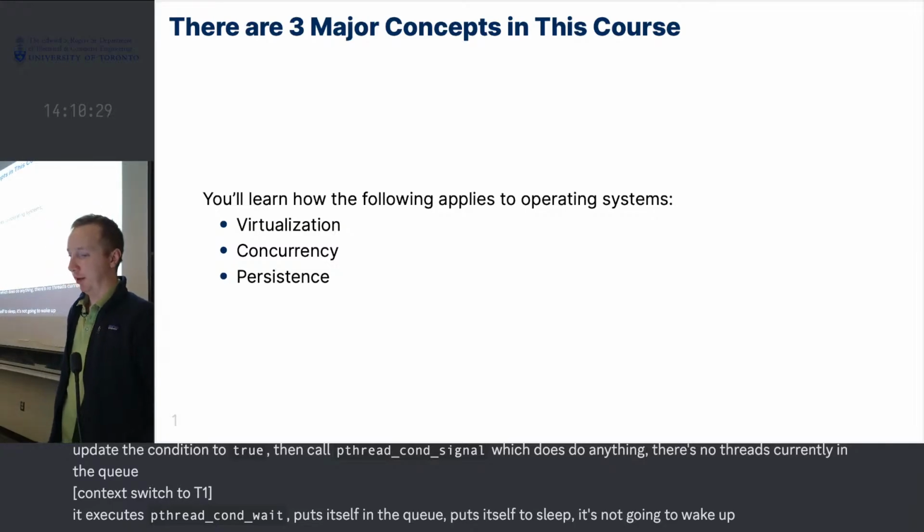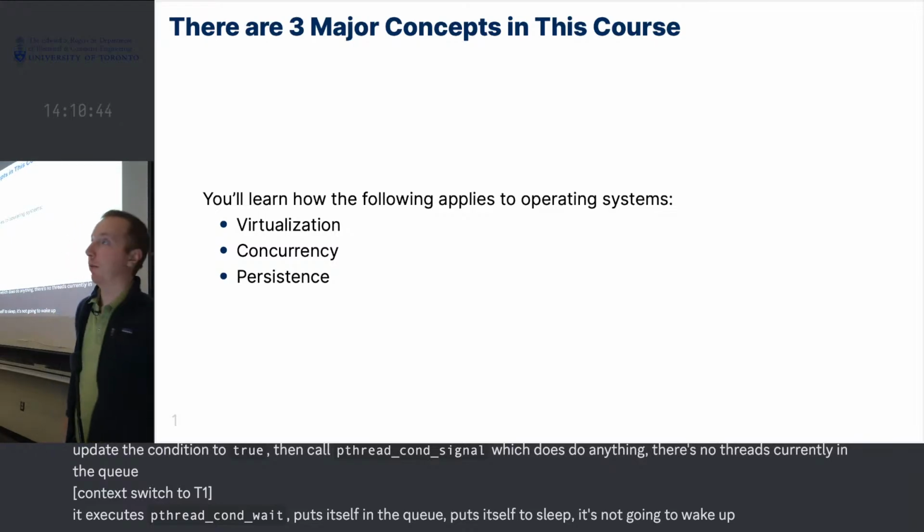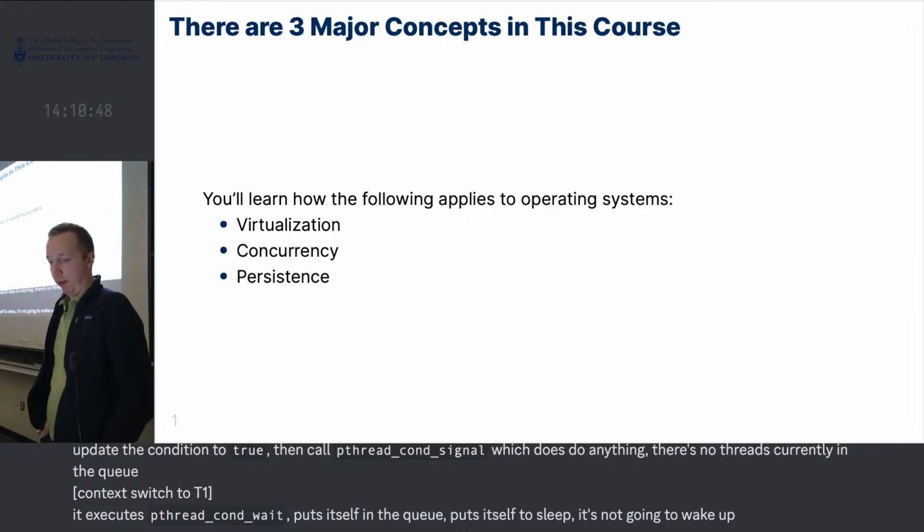All right, so rewinding all the way to the very beginning of the course. The main theme, there's three major concepts in this course, and we haven't even got to the last one yet. So, there's virtualization. We saw lots of cases of virtualization. We essentially virtualized the CPU for implementing threads. We virtualized memory. We've virtualized a lot of things.